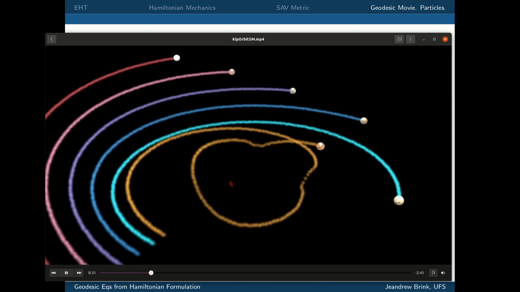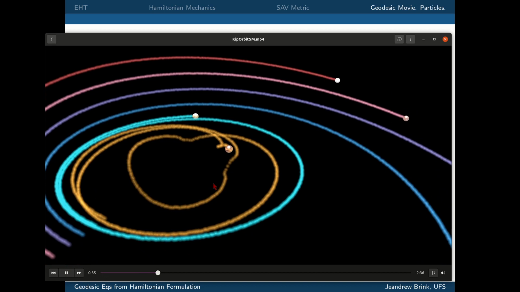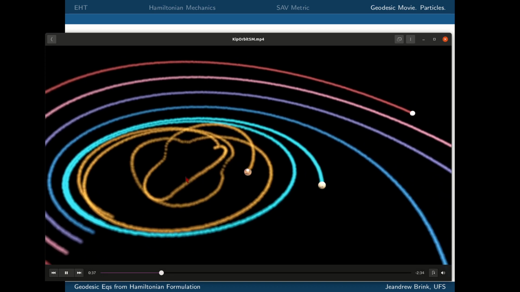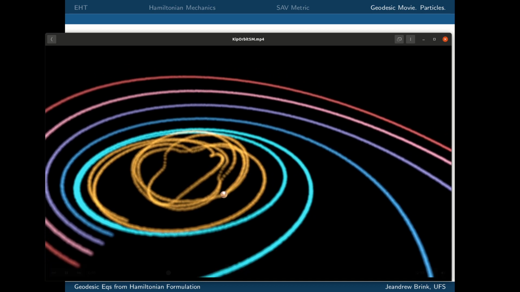So the black hole, or the strange thing at the middle, sits over there, and we can see that this inner orbit is decidedly odd, whereas the others are a lot more regular. And let's just watch it for a bit.